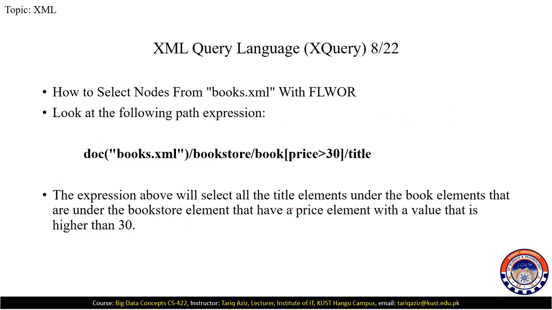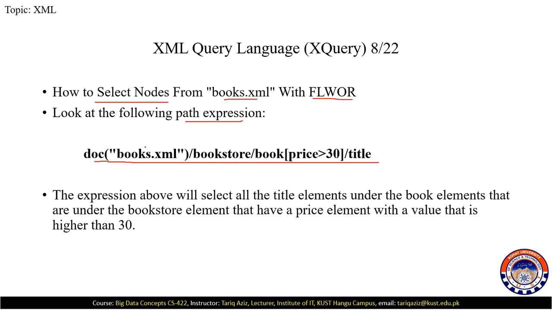Now, dear students, here the question is how to select nodes from this XML document by using FLWOR. Look at the path expression. We already dealt with this path expression. This whole is our query, and this is the path expression.